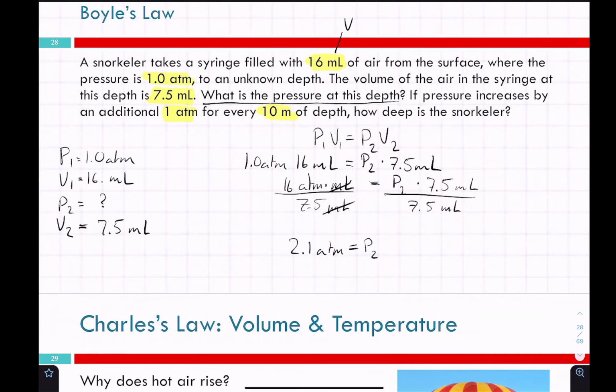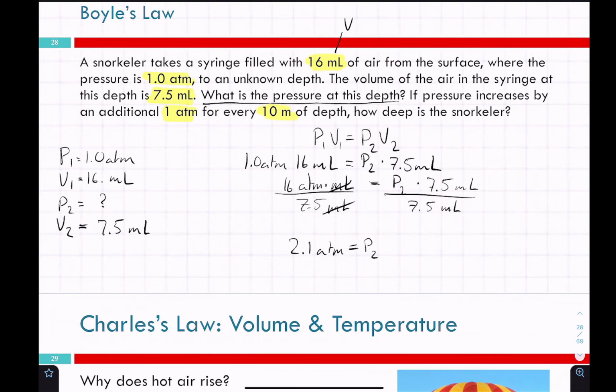So now how deep did the diver go? 10 meters, and if it increases 1 atm for every 10 meters, wouldn't it be the 2.1 times 10? Is that how you could figure out how much the atmosphere increased? Pretty much, yeah.